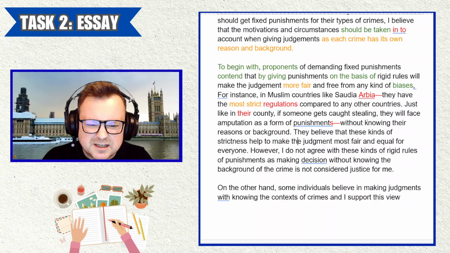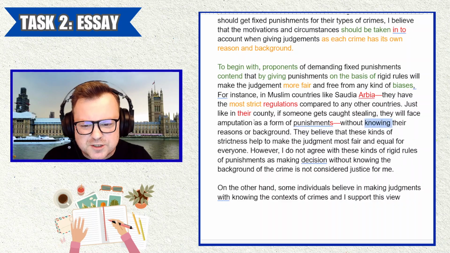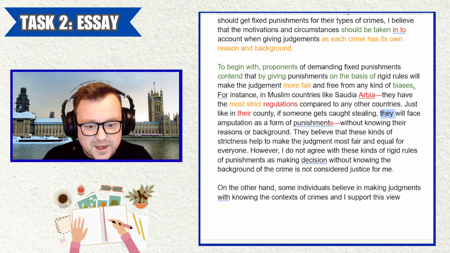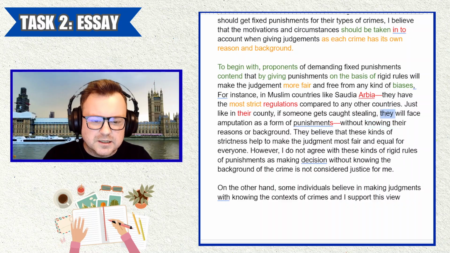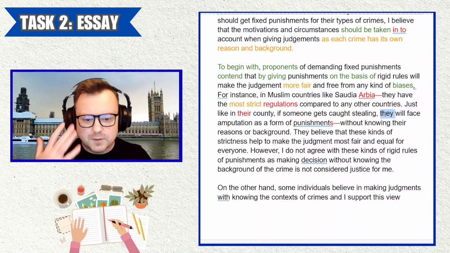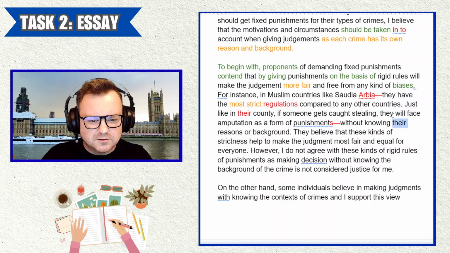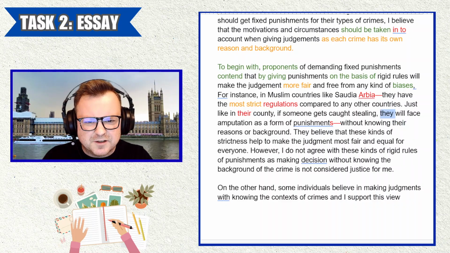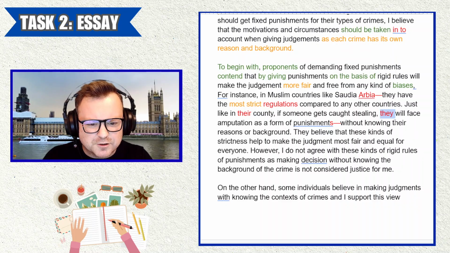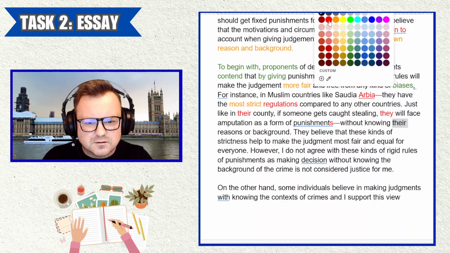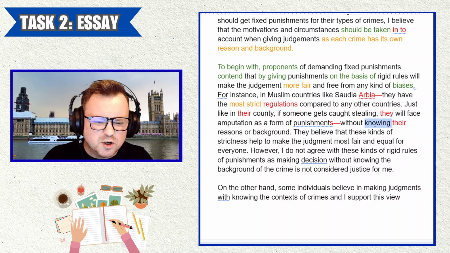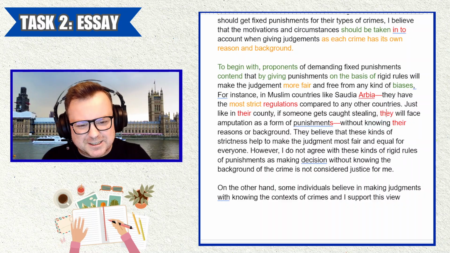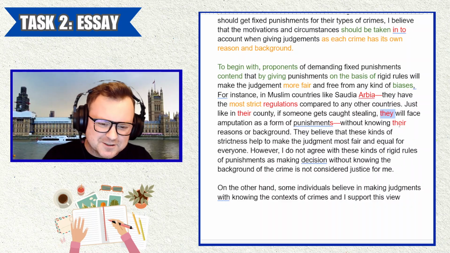And again, it's unclear here who does the knowing, because it sounds like they is the person who commits the crime without knowing they. Well, the person won't know they. So this is kind of an ambiguous, a strange reference here, because this verb know sounds like it refers to they, but it doesn't.